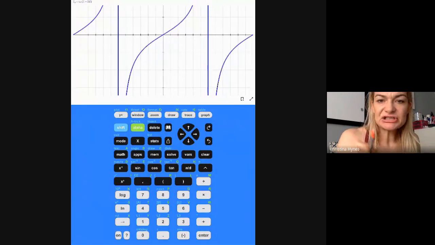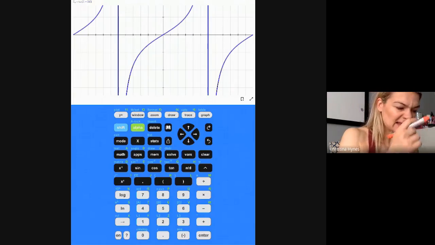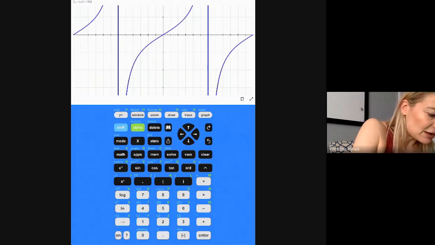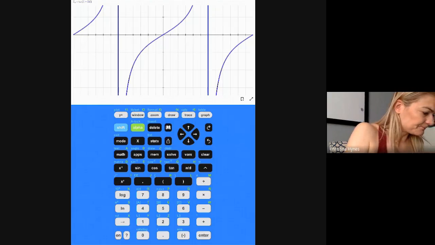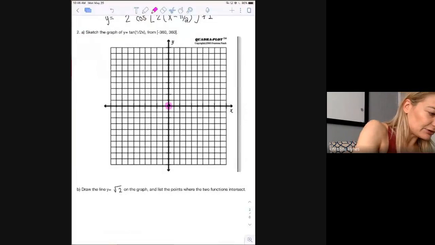Remember, my scale is 30 degrees, and that can help you a lot to find out what your values are without actually calculating them. So I know that I have 30, 60, 90. I know that my vertical asymptote in my case is at 180 degrees. So it's at positive 180 degrees and negative 180 degrees.